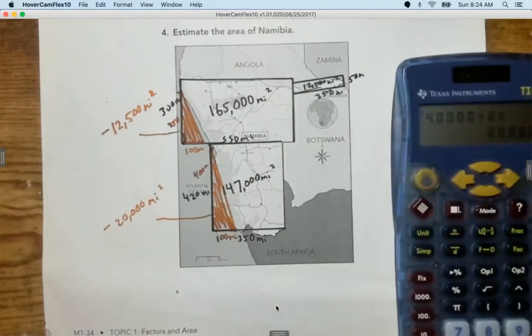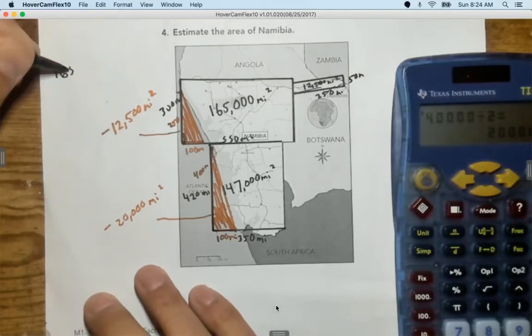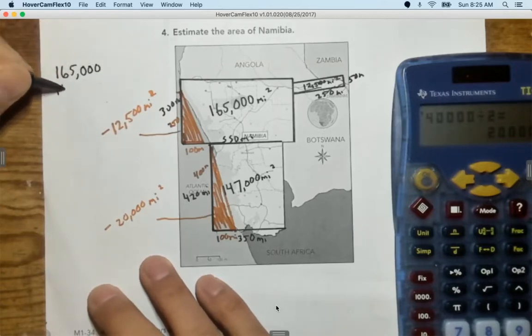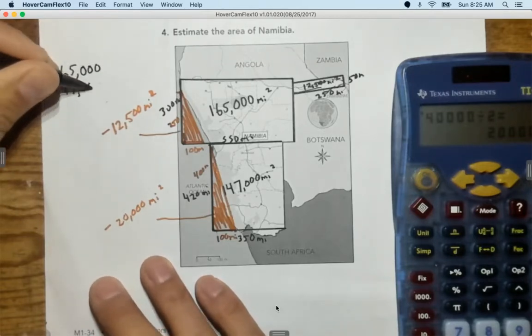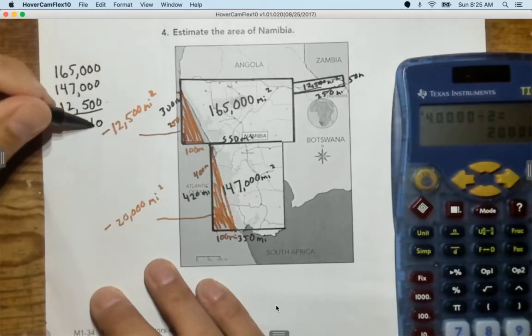So now that I think I've got a pretty accurate one, I would want to add together the areas I figured out. And then we have 12,500. And so I'd figure out all those.